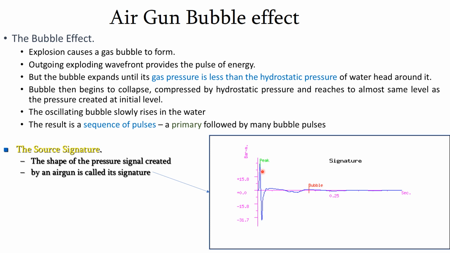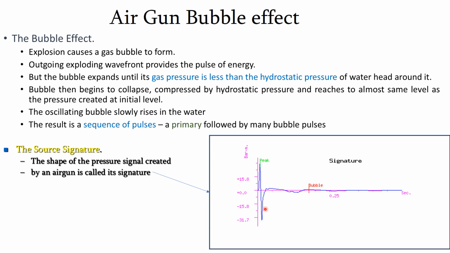Whenever the bubble pulse is formed, it provides a pulse of energy. When the bubble forms, it expands until the pressure inside is less than the hydrostatic pressure of the water adjacent to it. Then the bubble begins to collapse, compressed by the hydrostatic pressure, and reaches the same level as the pressure created initially.